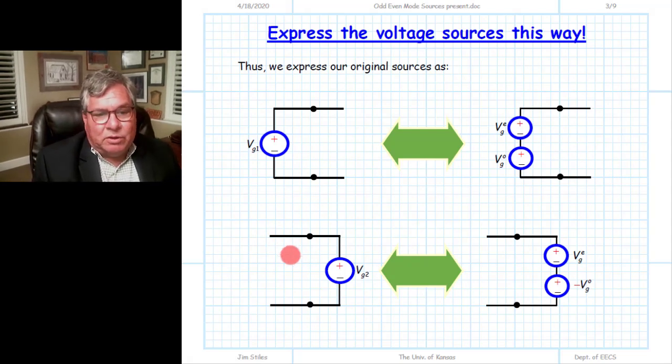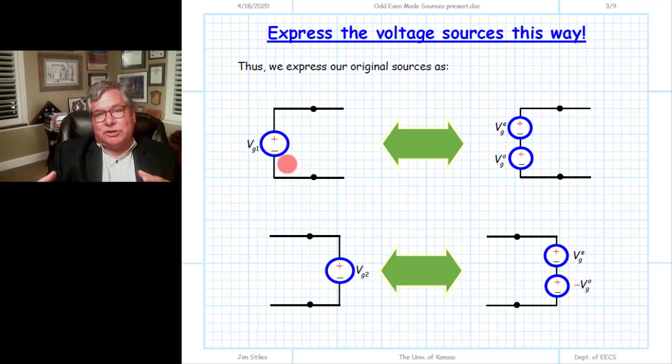And so our source on the left, VG1, we can rewrite as the sum of two sources, the even mode source and the odd mode source. The source on the right we can likewise write as the sum of two sources, the even mode source and the minus odd mode source. And again, these two together equal VG1, and these two together equal VG2.